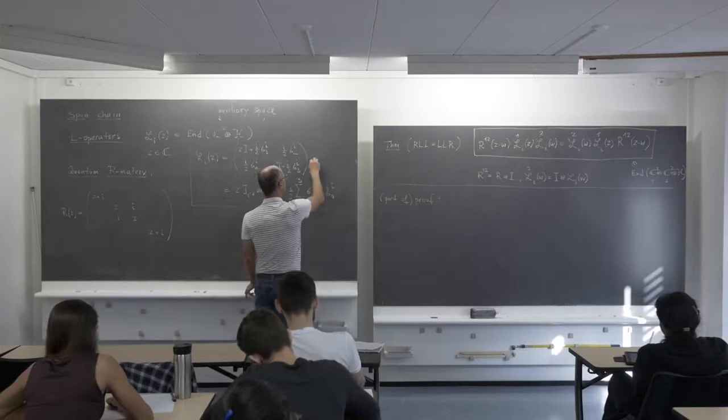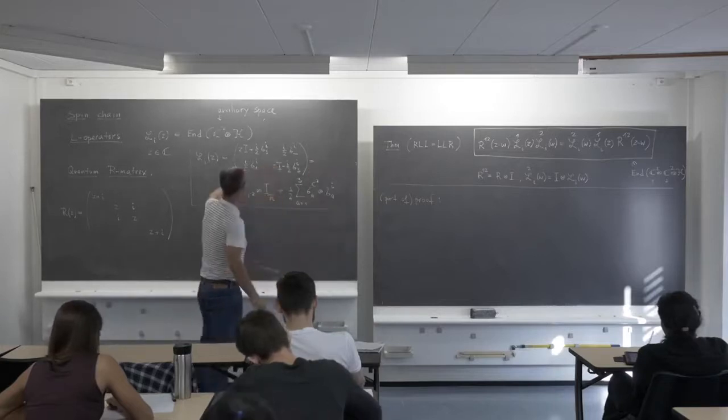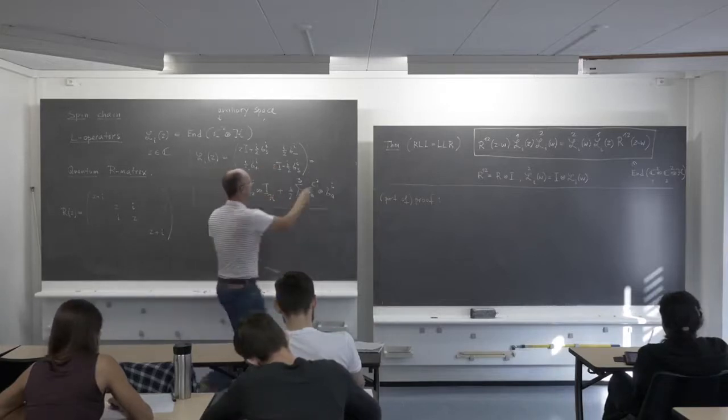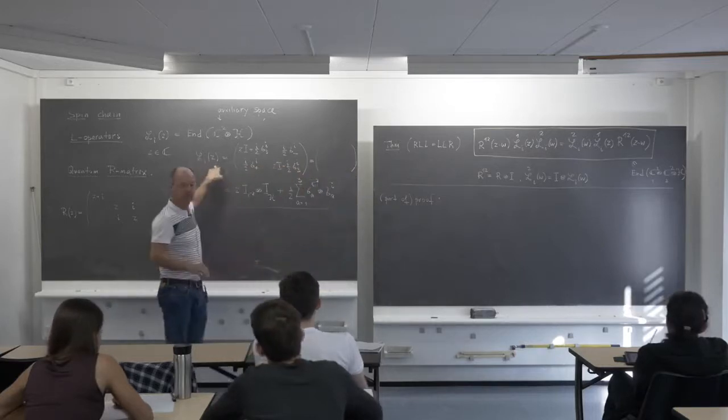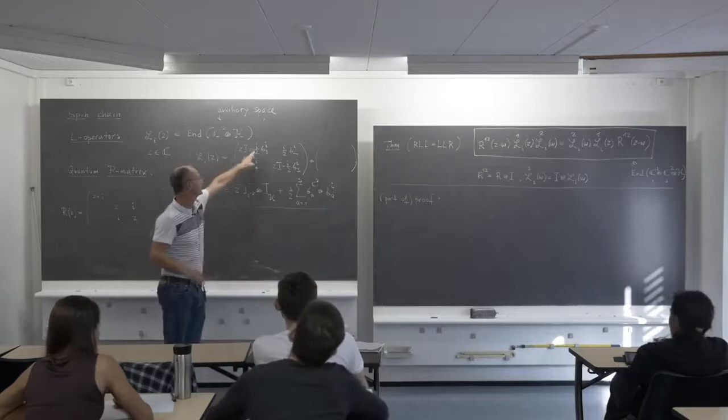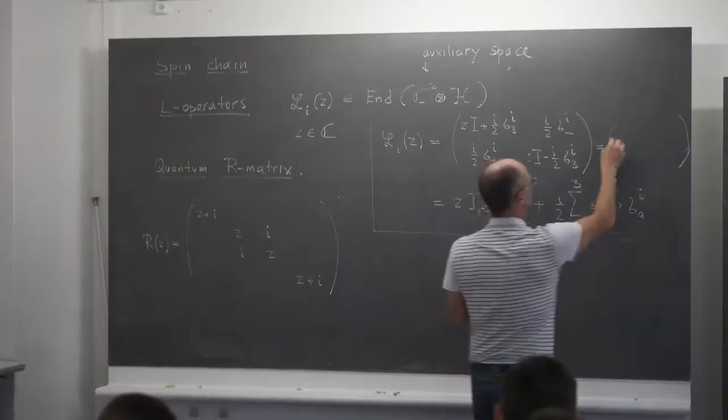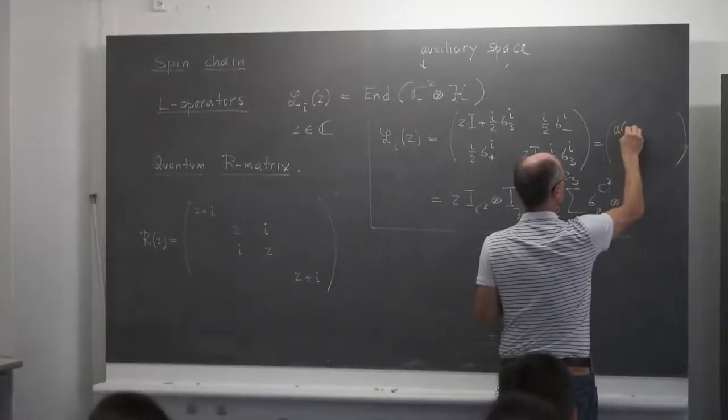So here perhaps we'll need one more piece of notation. So let me denote the matrix entries of the operator Li, those operators acting on H. Let me introduce a notation.